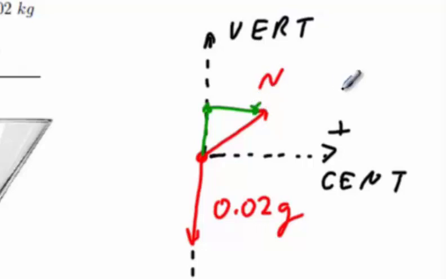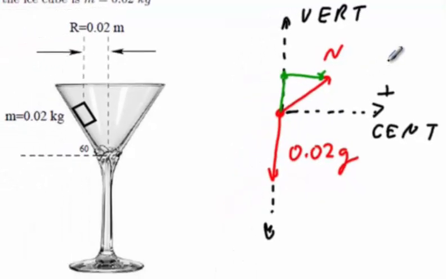Now our only challenge is to get the 60 degrees given in the problem itself to be located somewhere within this triangle. What we recognize about the 60 degrees is that this is the angle between the horizontal and the side of the glass. We do have an axis which is horizontal, we've named it centripetal, but we don't have anything parallel to the side of the glass.